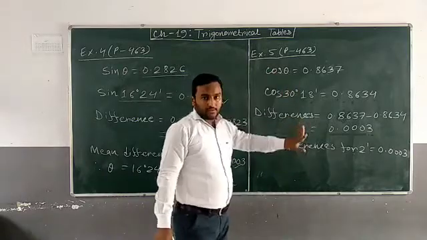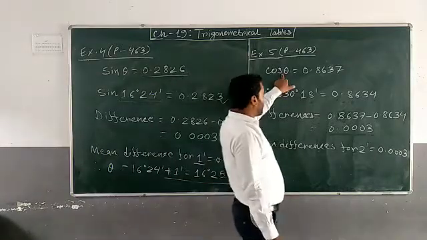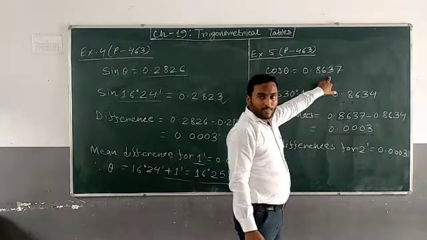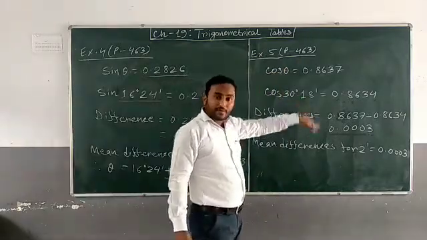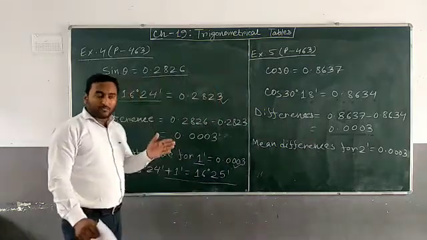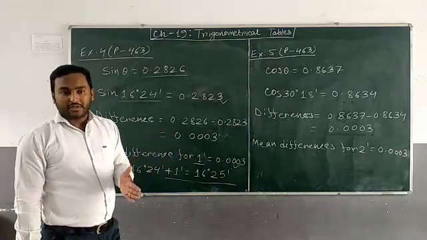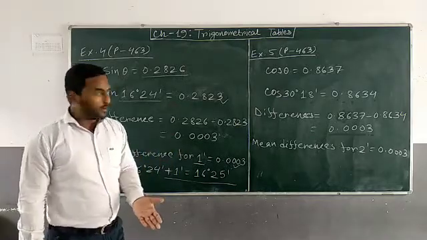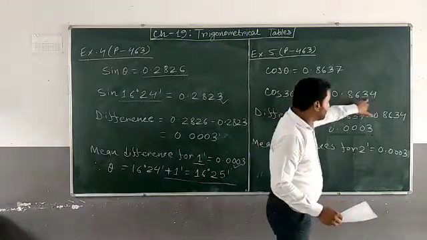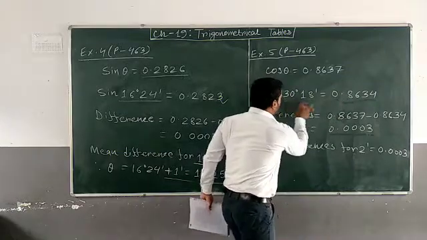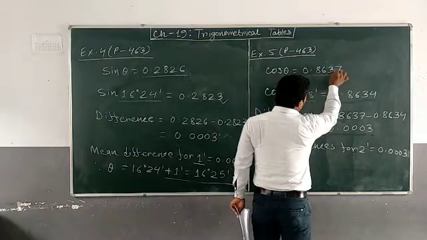In the previous class we discussed that for cos theta, when theta was given and you have to find the value, the mean differences will be subtracted, because when the angle increases, the value of the trigonometric ratio, cos theta, decreases. 0.8634 is the value for the angle 30 degree 18 minutes, but we need to find the angle for 0.8637.